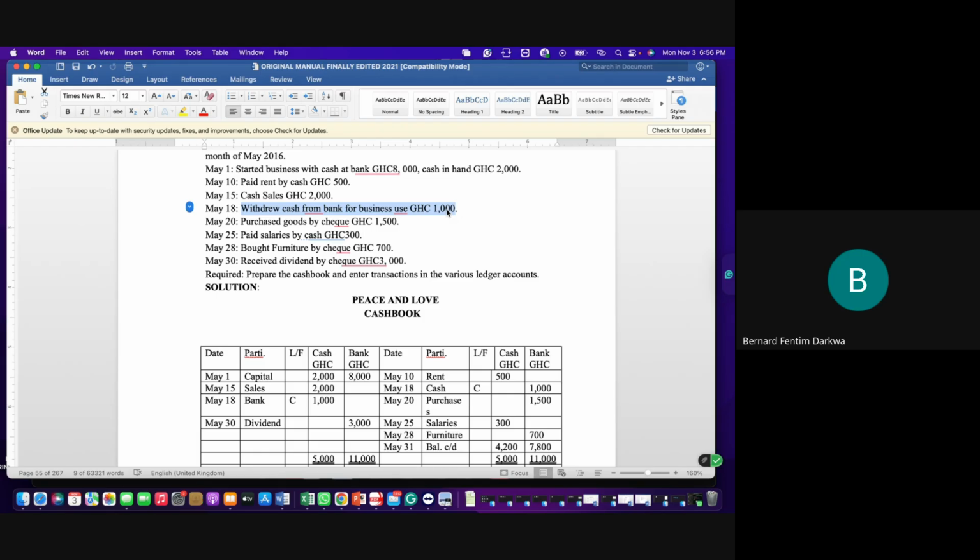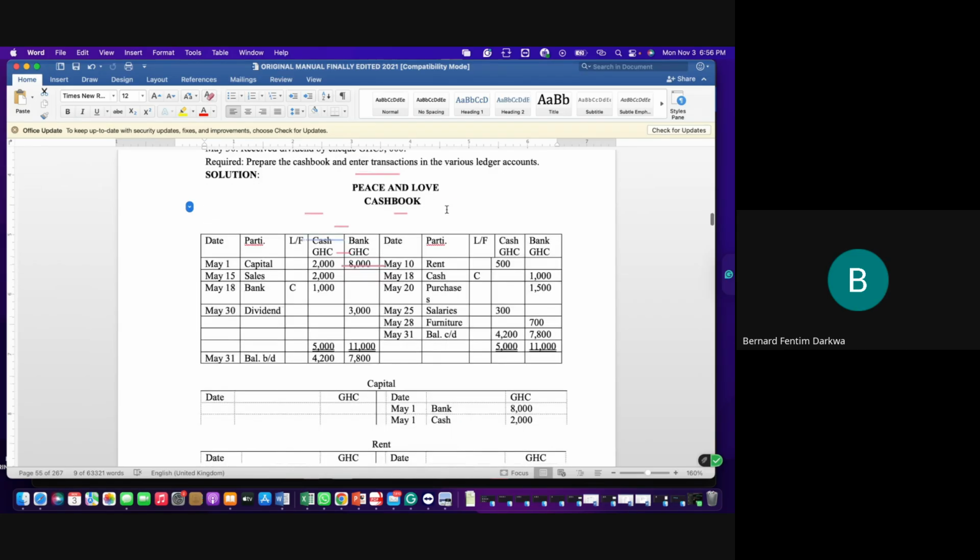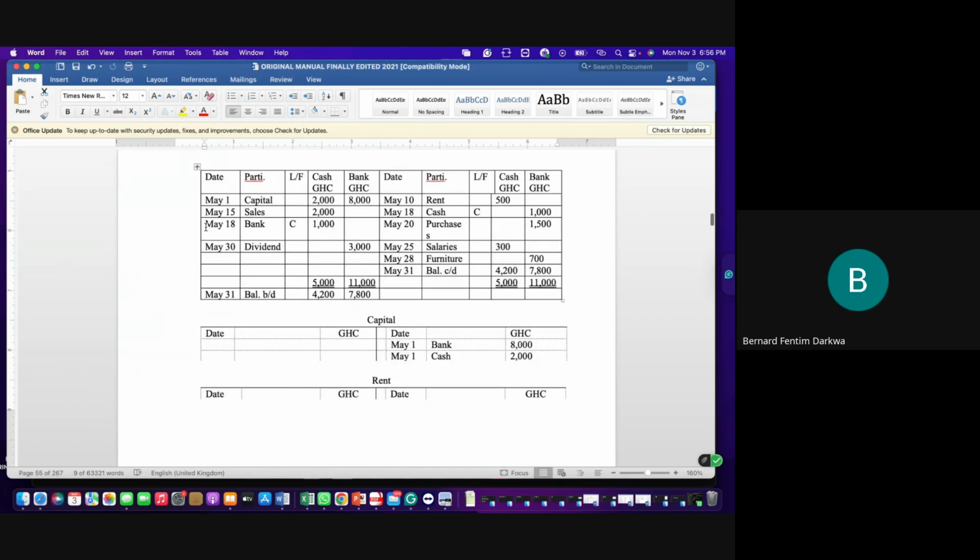Cash is receiving from bank, so bank is giving and cash is receiving. So on the 18th, cash is received because it is taken from the bank. Under the debit side of cash, you record 1,000. Then you go to the same 18th and there you write cash.